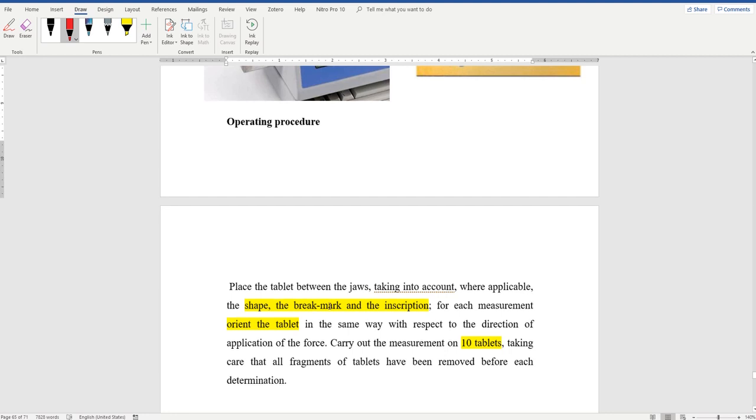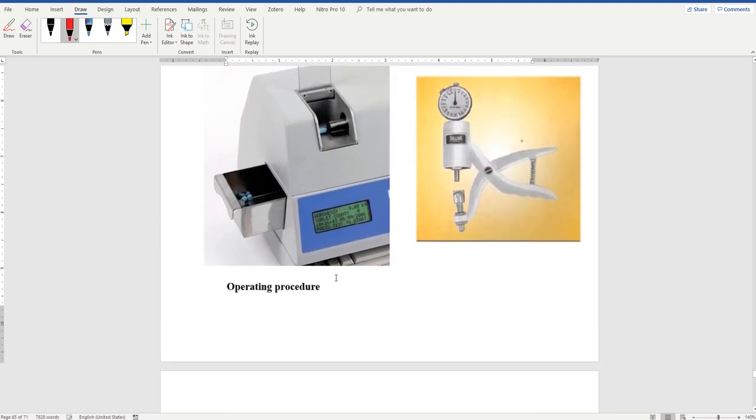If there is also a break mark, like in the case of Benadryl, you need to position the tablets always in the same position as you started. It doesn't matter the position of the first one, but after that you always need to use the same position as the first one.